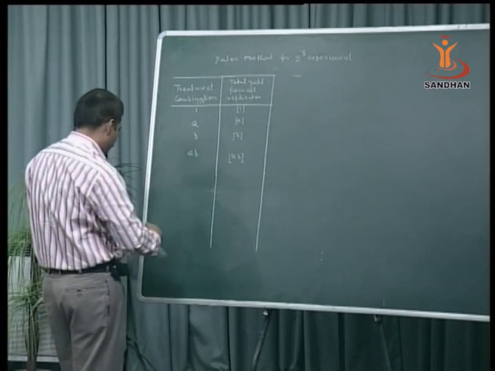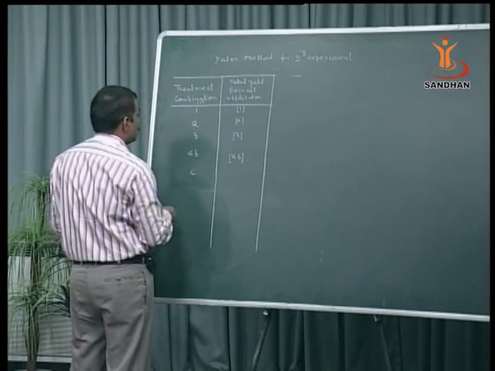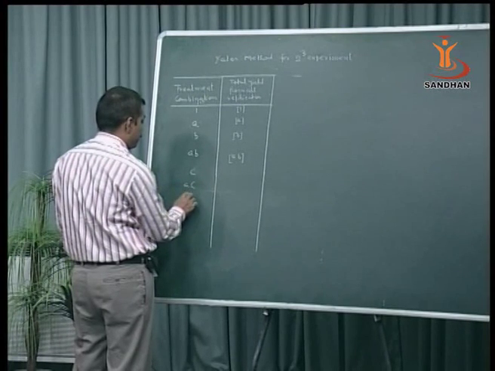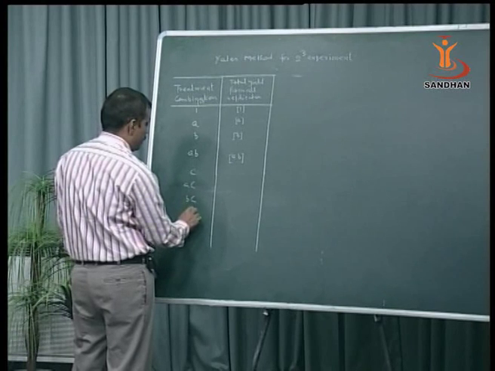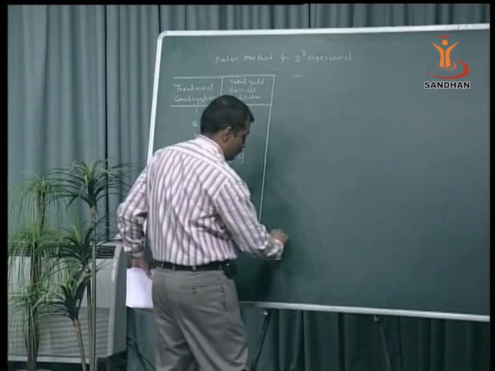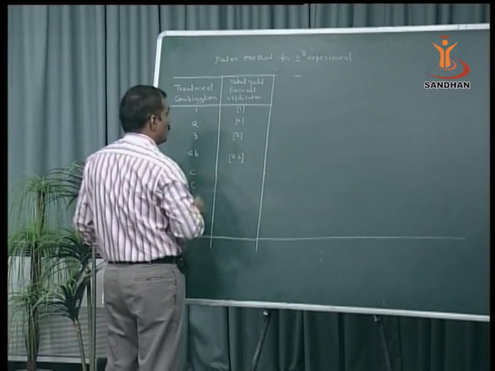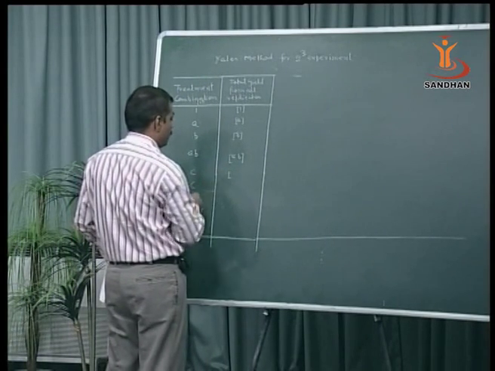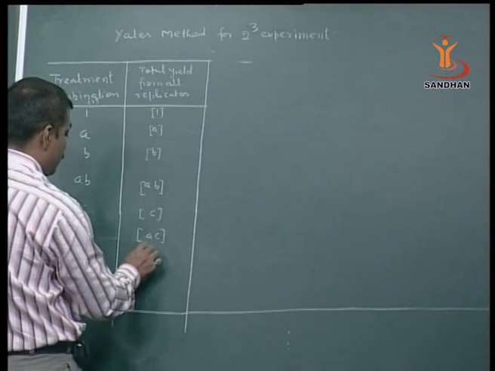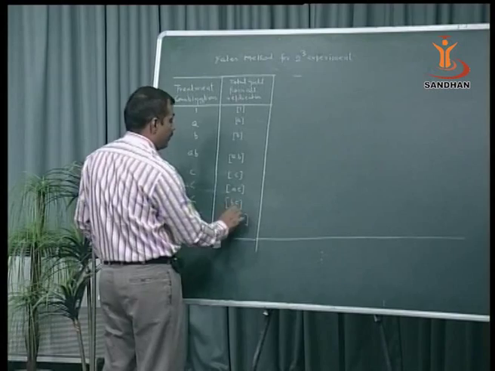Now we introduce here a third factor, and the third factor is C. So C, the next interaction will be A, second order AC, then BC, then ABC. And total yield for factor C from our replicates, it is C, AC, BC and ABC.